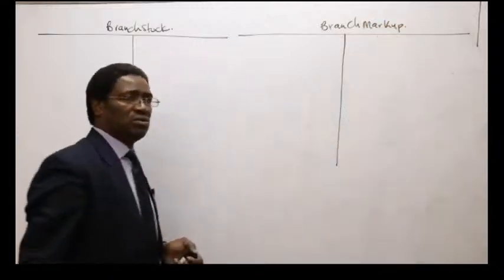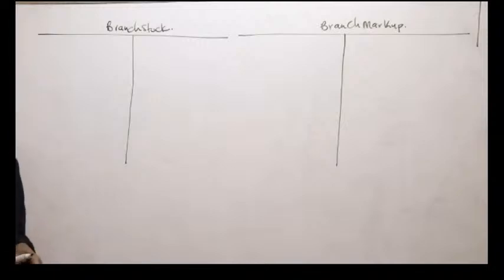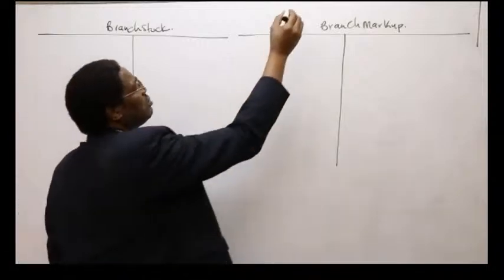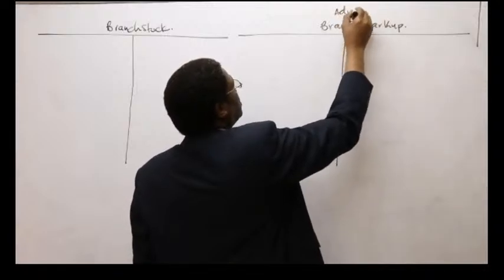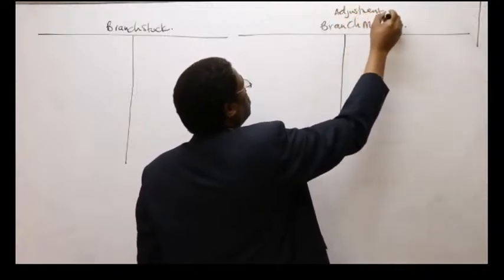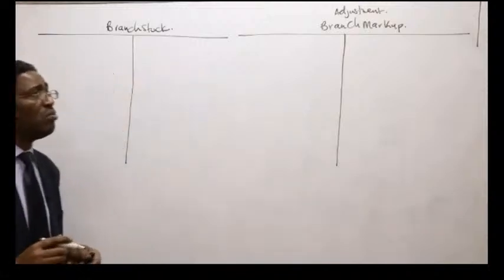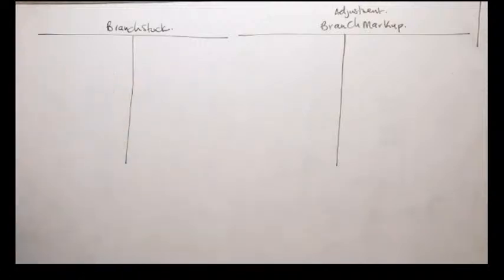Sometimes it's also called the branch adjustment account. Some books would normally call it the branch adjustment account.